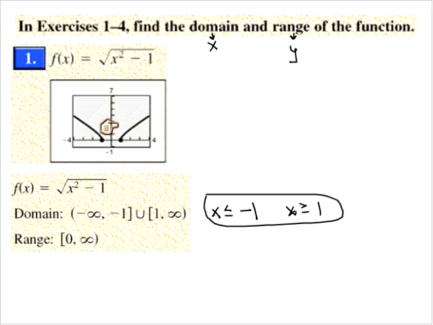And the range are my y values, and it looks like the y values are only greater than or equal to 0. Because right here it's actually on the x-axis, so that is y equaling 0, and then above it. So I can state it like so, or I can say y is greater than or equal to 0. And I think most people actually prefer the x and the y written like this instead of your ordered pairs. But either answer is acceptable here.